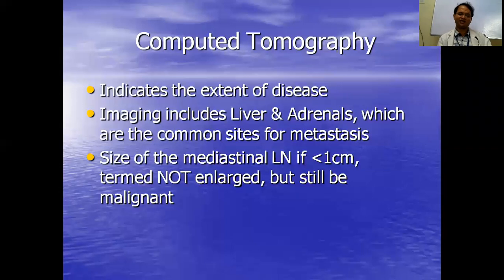If the size of the mediastinal lymph node is less than 1 centimeter, these lymph nodes are termed not enlarged. Not enlarged doesn't mean that the lymph nodes are sterile or don't have any malignant cells. The lymph node can still have malignant cells. It has to be evaluated by getting a biopsy.